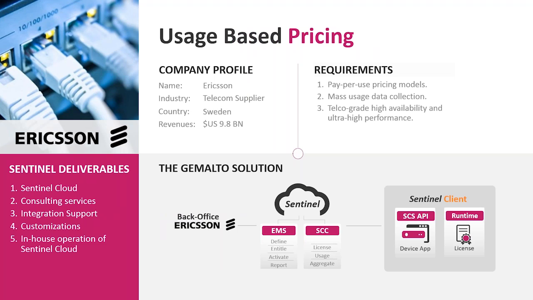So the next piece I want to look at is a very large telecom company we all know, Ericsson. So Ericsson wanted to go to a usage-based pricing model, right? So before they had a perpetual license, and they essentially charged their customers per node that was spun up, which made high availability very difficult, right?